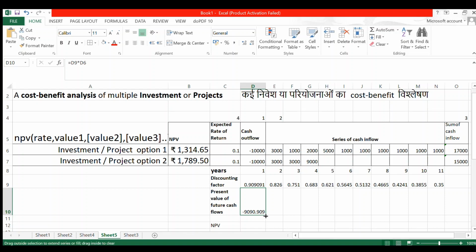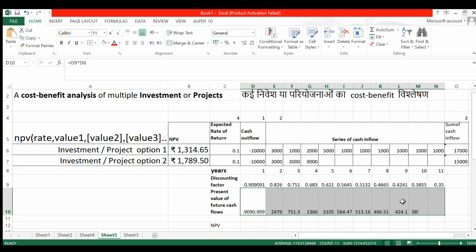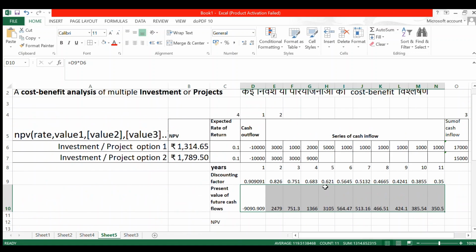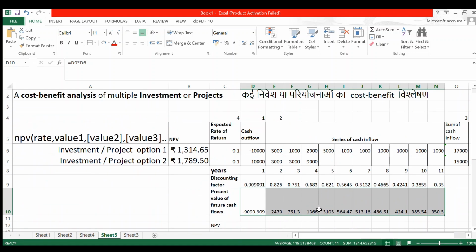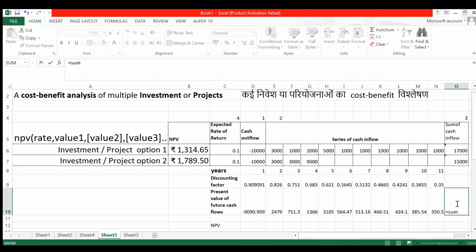Now I am copying this equation to all the other years, and I want to calculate the sum of each of these cash flows.